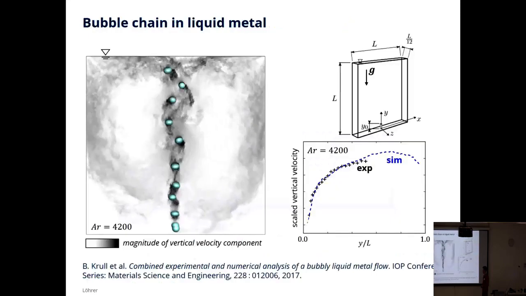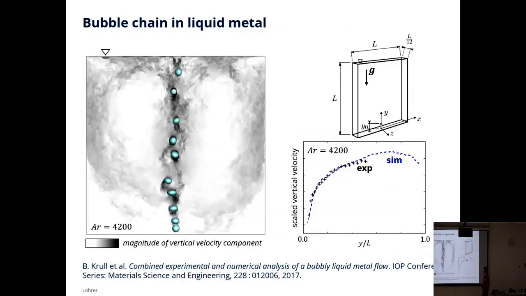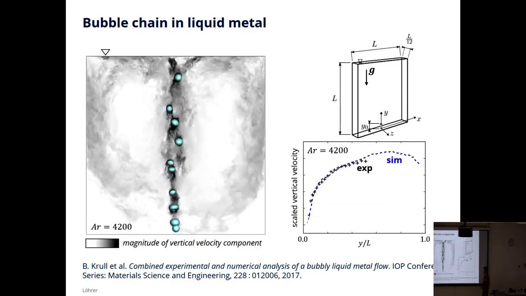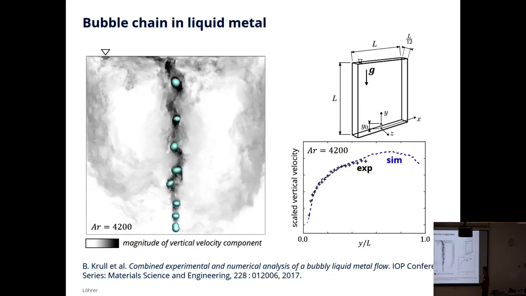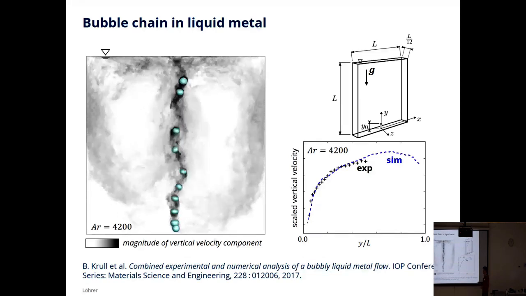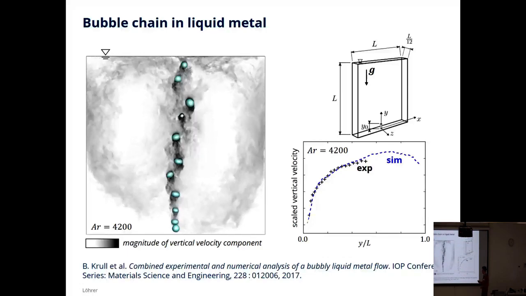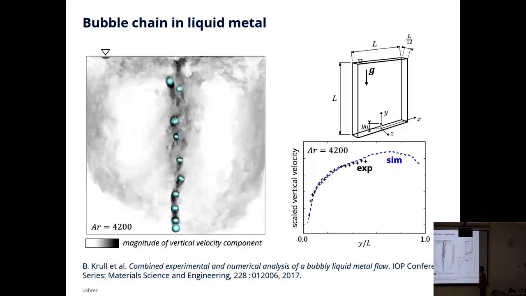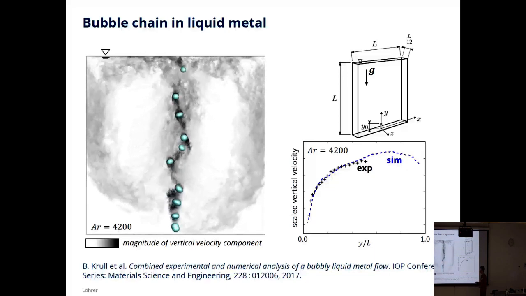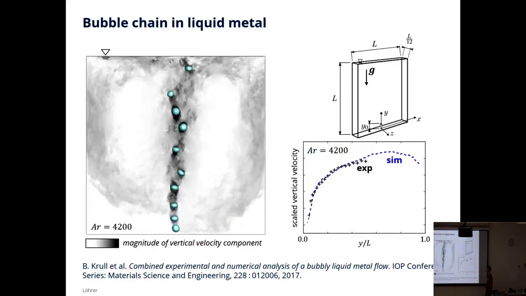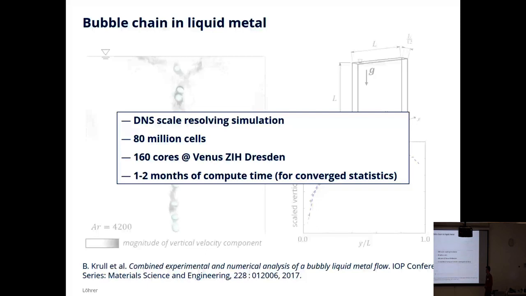And this is relevant in flotation cases, for example. Bubble columns are used in liquid metal to clean the metal, and so this is a case relevant for industrial applications too. And this is a smaller simulation, also scale resolving though.